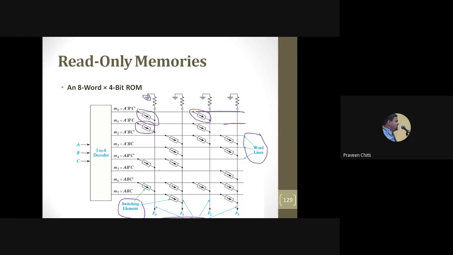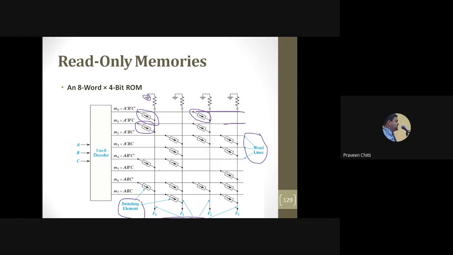If more than one switching element is connected to a particular output line, then you should take the OR operation of those min terms. So as rightly said by Sahana, now the output F0 will be A bar, B bar, C bar plus A bar, B bar, C, because both these min terms are connected and they will be ORed together to get F0.